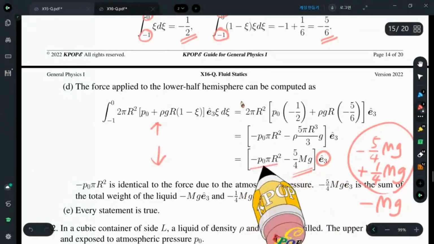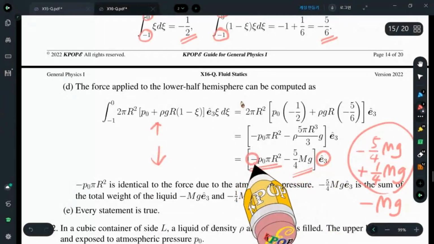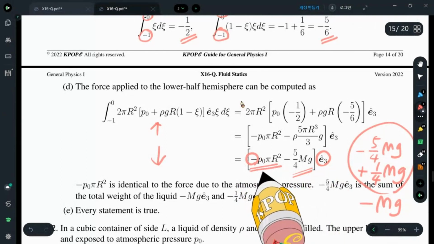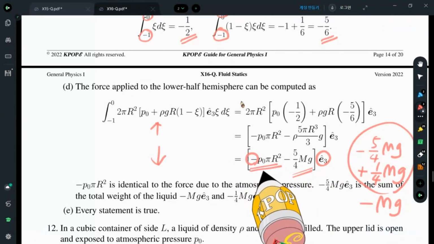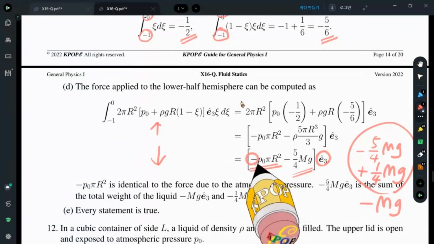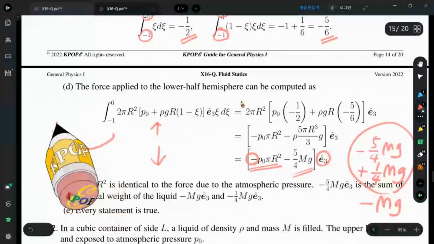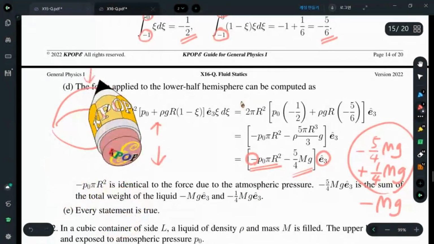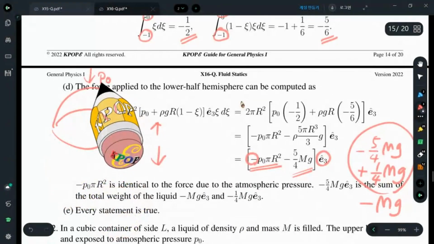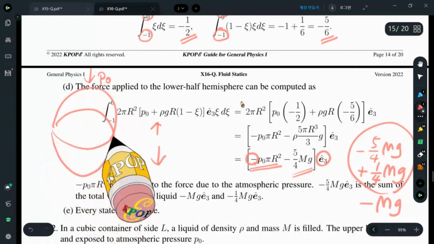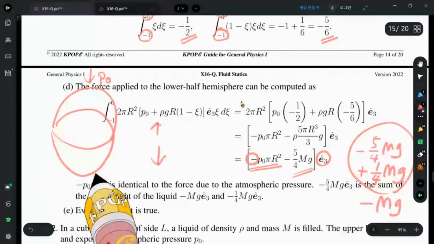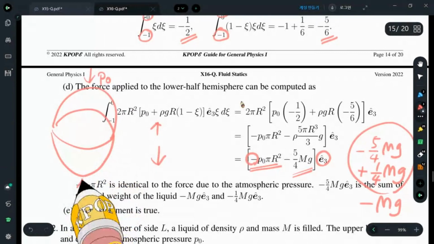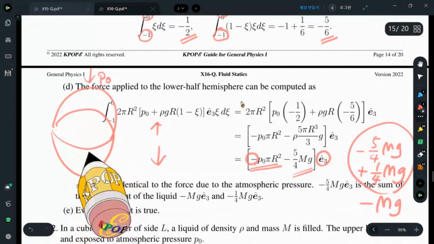You can find the sign is opposite. The part that is to sustain the atmospheric pressure is negative, because in the case of the upper hemisphere, atmospheric pressure is pressing down in here. However, in the lower hemisphere, atmospheric pressure is going up.